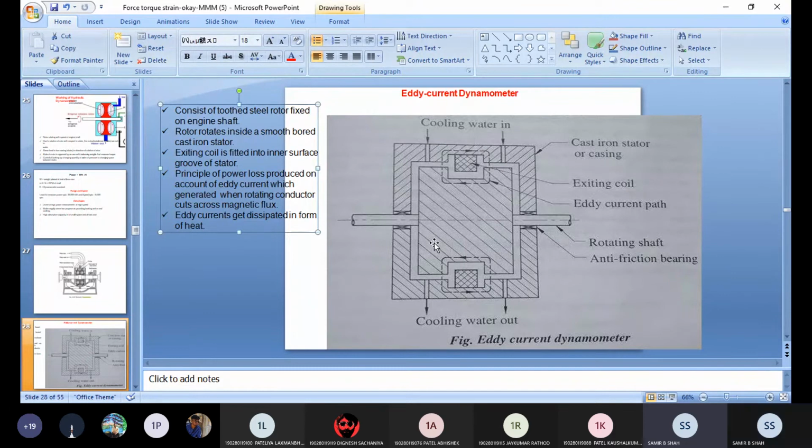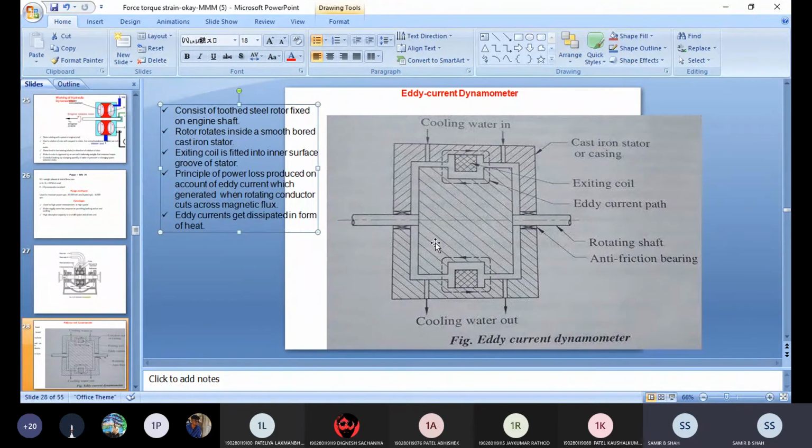From the figure, it consists of a stator on which are fitted a number of electromagnets and a rotor disc made of copper or steel, which is coupled to the output shaft of the engine. You just see the figure, so it's very clear. And from the figure, I explain the working of the eddy current dynamometer.